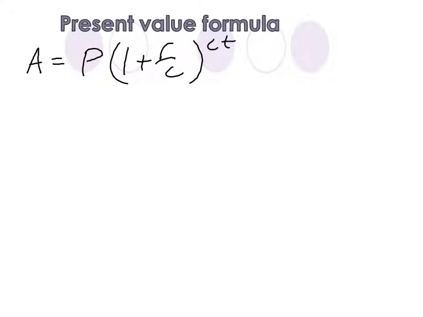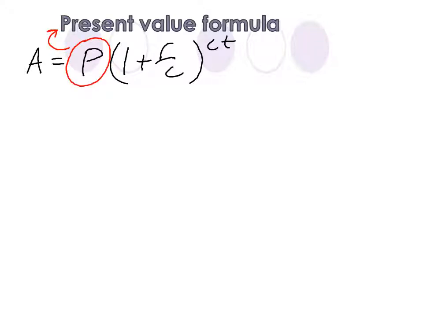So if we start with our compound interest formula, A equals P (1 plus R over C) to the CT. When you're being asked to find present value, really that's asking you for the principal.